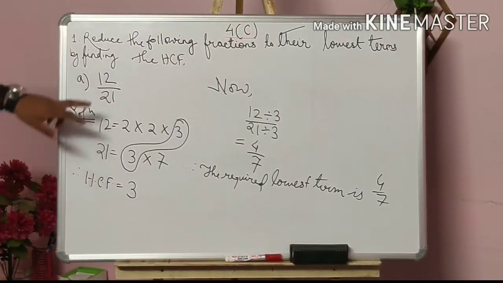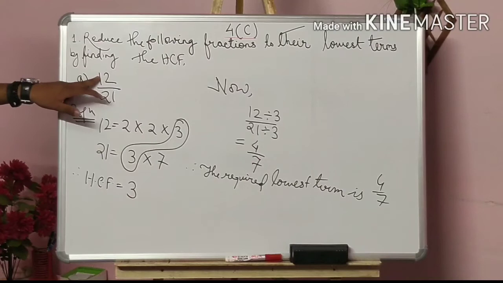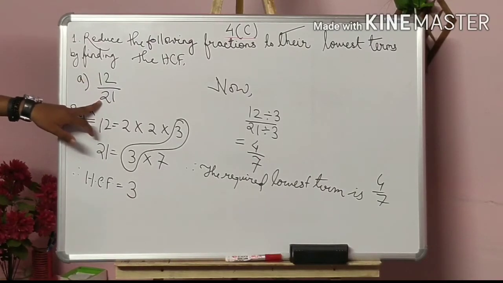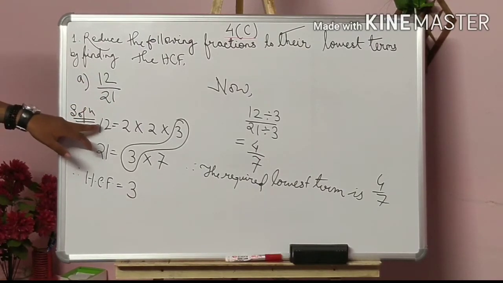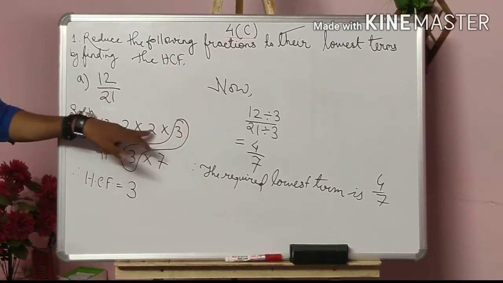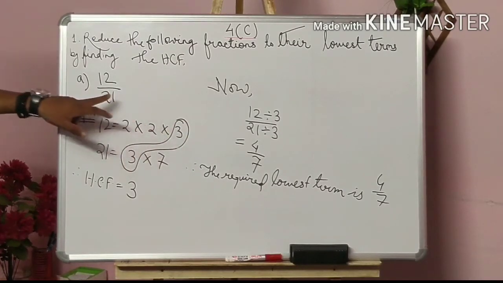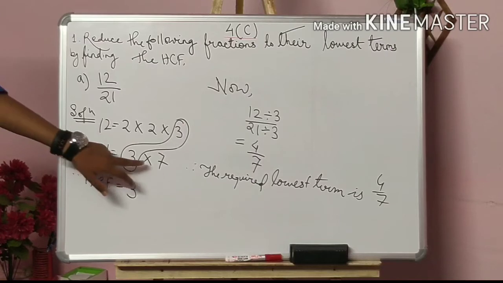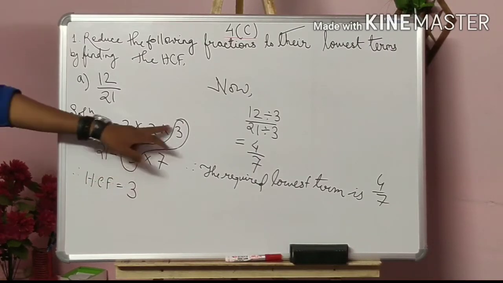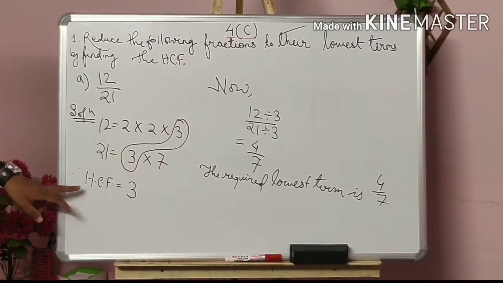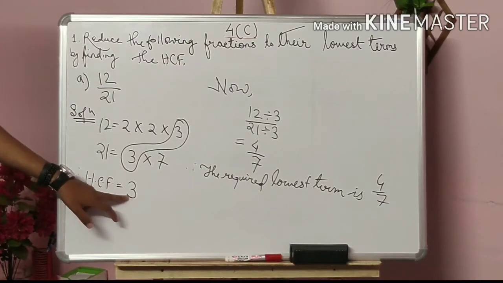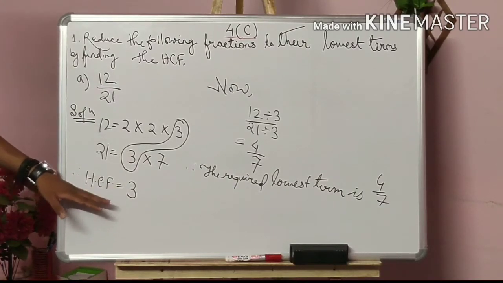First of all you have to find the HCF for the question, 12 by 21. With the help of prime factorization I have got 2 into 2 into 3 for 12 and 3 into 7 for 21. So only 3 is common between them. That means the HCF will be 3 only. Whatever HCF we have got, what is the second step?